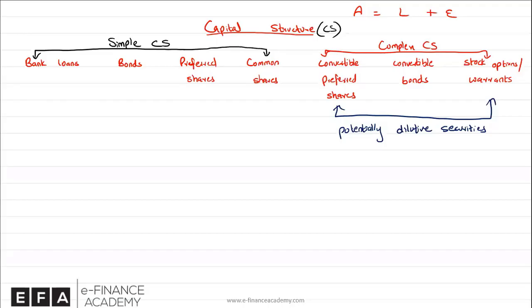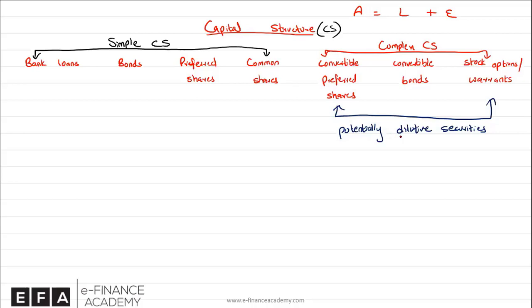All right, so now that we have discussed simple capital structure and complex capital structure, we also discussed why these three securities are called potentially dilutive securities, and the addition of any single one of these three would make the simple capital structure complex.